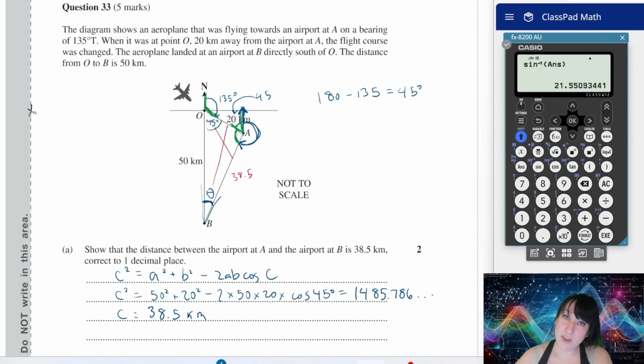Now that angle in the triangle we can get because we worked out that angle down here. Remember, that was the approximately 22 degrees. And the angles in the triangle add up to 180. The angle we're looking for is 180 minus 45 and minus 22. So 113.